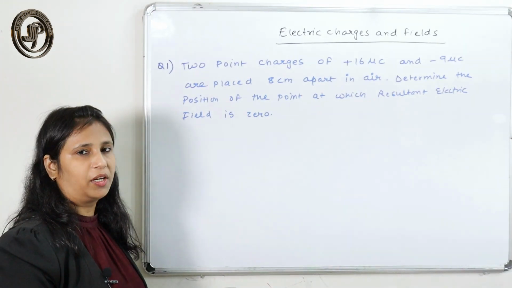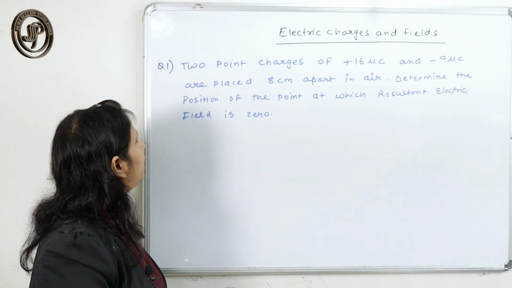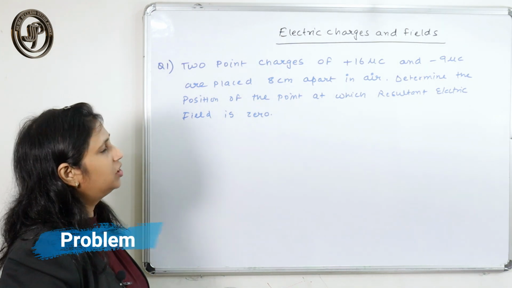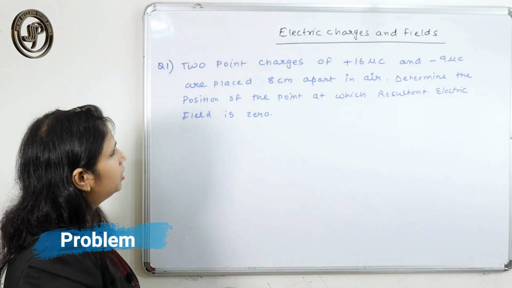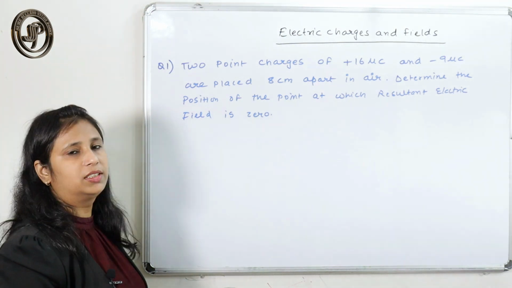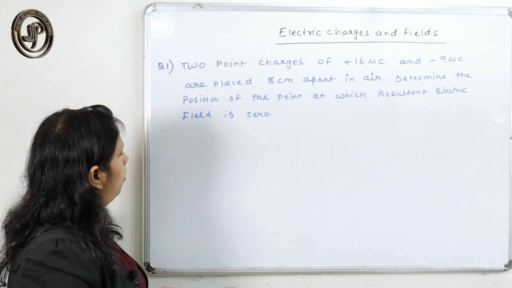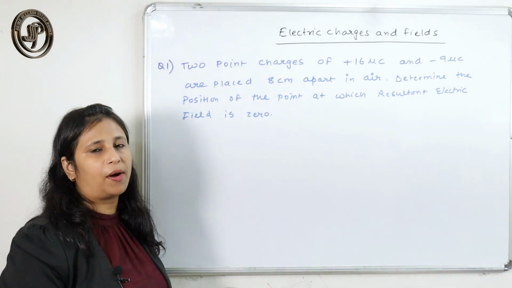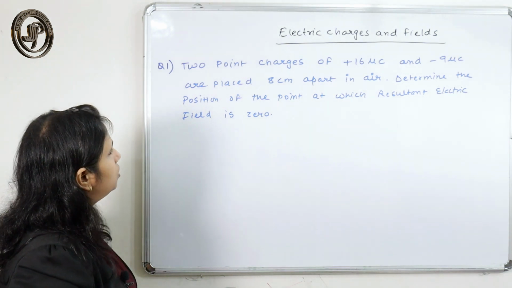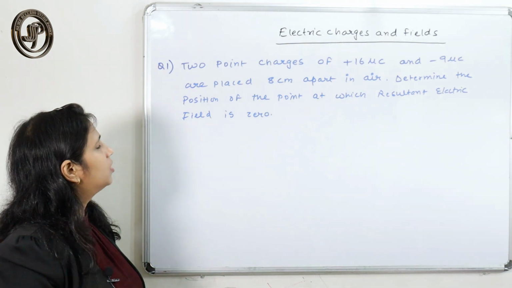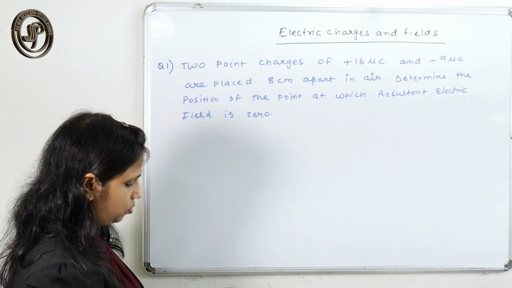So let's elaborate the concepts through questions. We have a question: two point charges of plus 16 microcoulomb and minus 9 microcoulomb are placed 8 centimeter apart in air. Determine the position of the point at which the resultant electric field is 0.